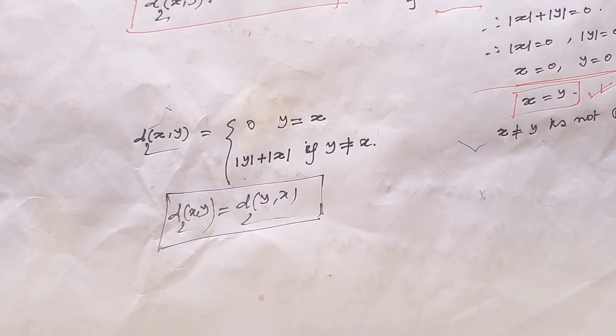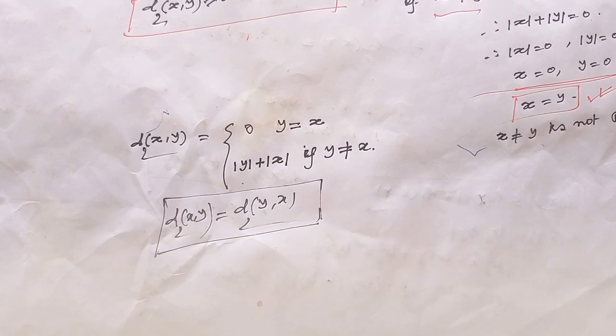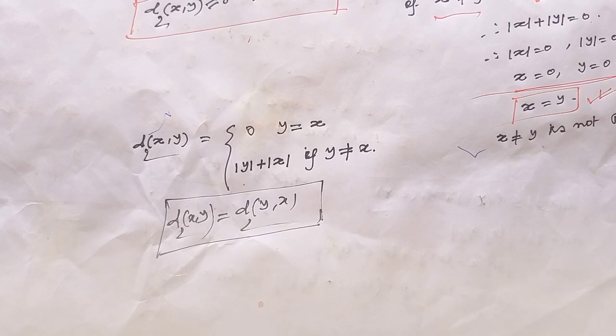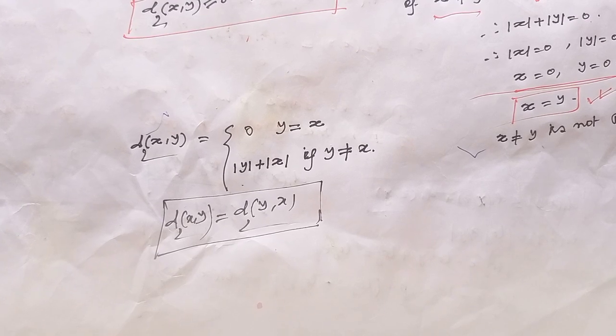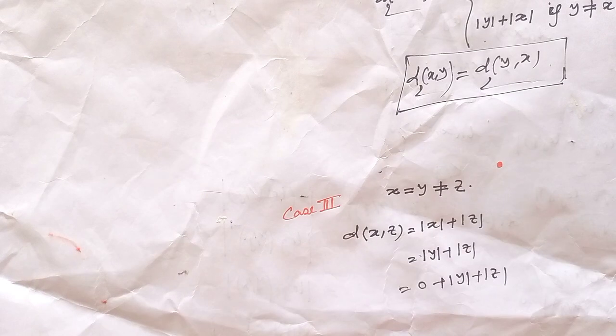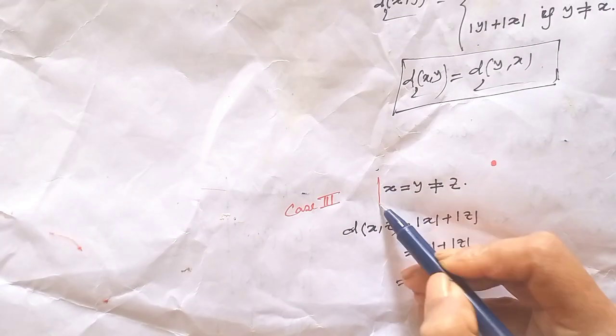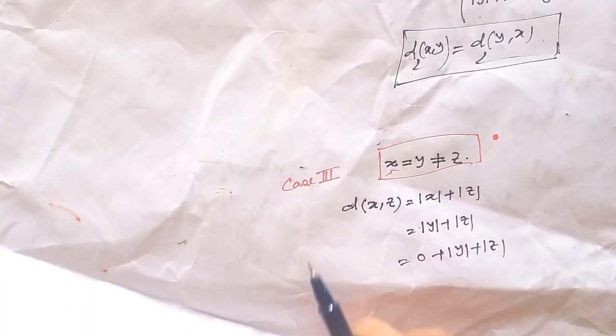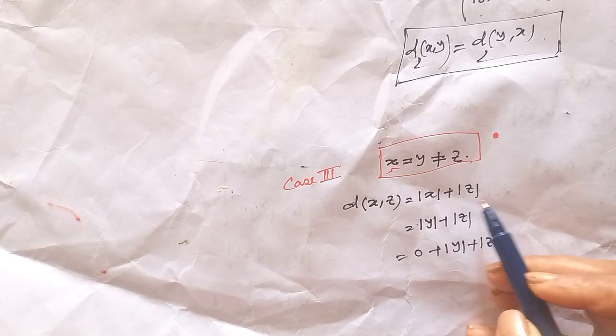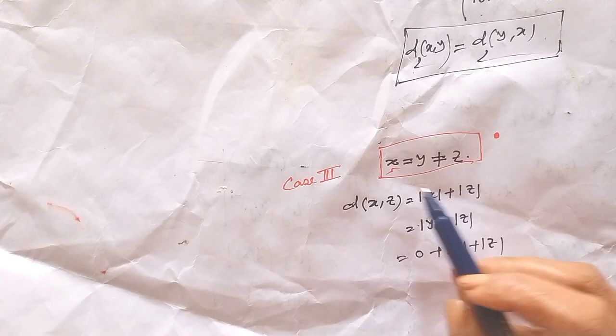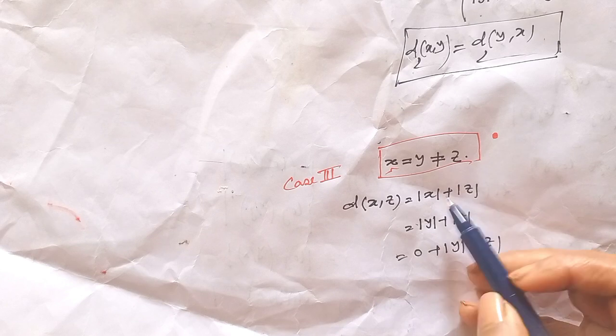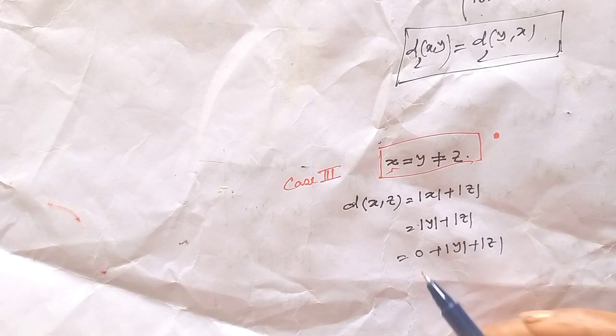Okay. Next, I will check the triangle inequality. This is also satisfied. First consider x equal to y and y not equal to z. Then d2(x,z) means |x| + |z|, and since x equals y, this is |y| + |z|.